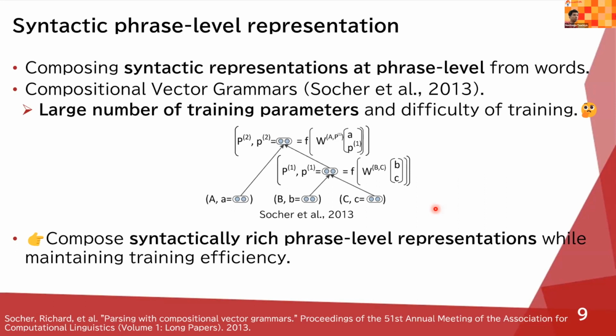So in holographic CCG, we focus on composing phrase level representation. Compositional vector grammar tries to do something like that, but it needs a large number of training parameters and it's difficult to train the model. So in holographic CCG, we try to compose syntactically rich phrase level representation while maintaining training efficiency.